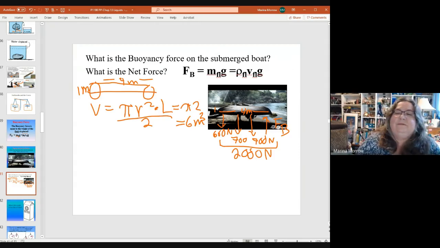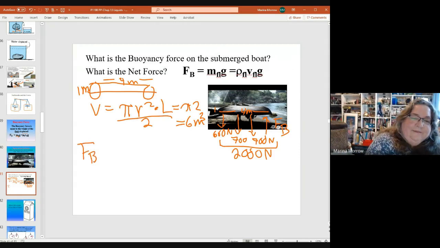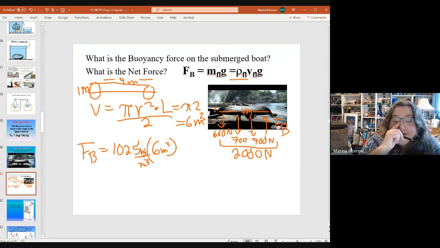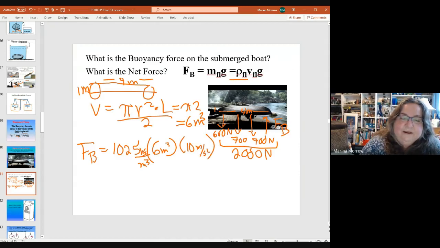Okay, so let's find out how big the buoyancy force is. The buoyancy force is going to be the density of fluid, which is salt water again. So density of fluid is 1025 kilograms per meter cubed. We're going to multiply by the volume, which is 6 meters cubed. And then we're going to multiply by g, which of course is just 10 meters per second squared.